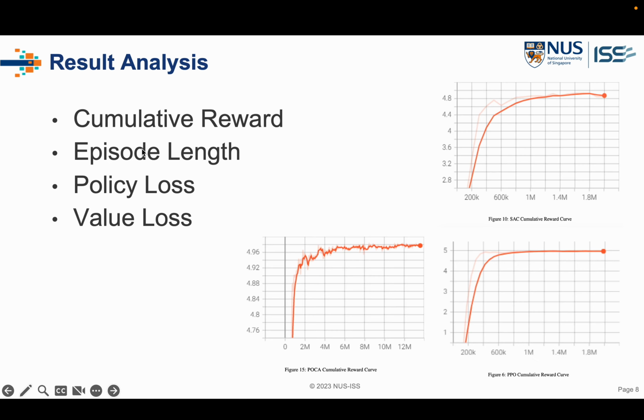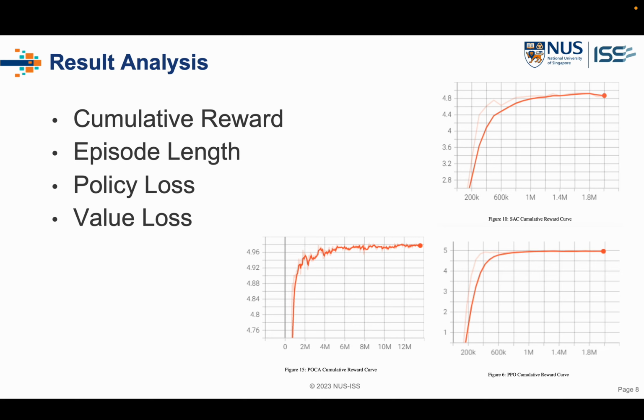This is our result analysis. We will consider four factors: cumulative reward, episode length, policy loss, and value loss. The DQN algorithm did not perform well in the task due to its limitation in addressing the complexity of the environment.